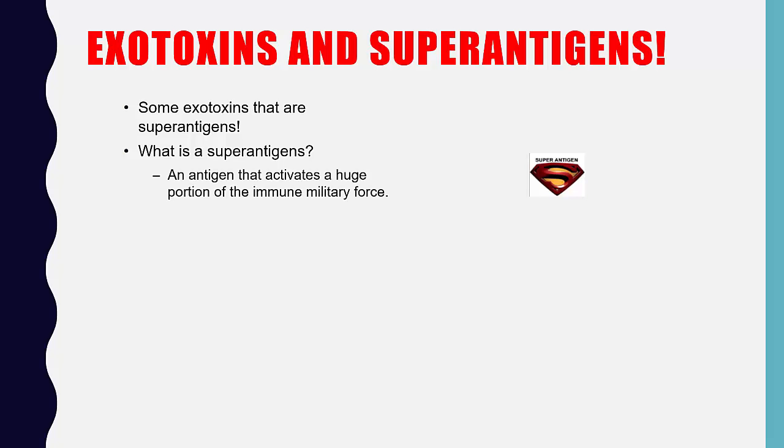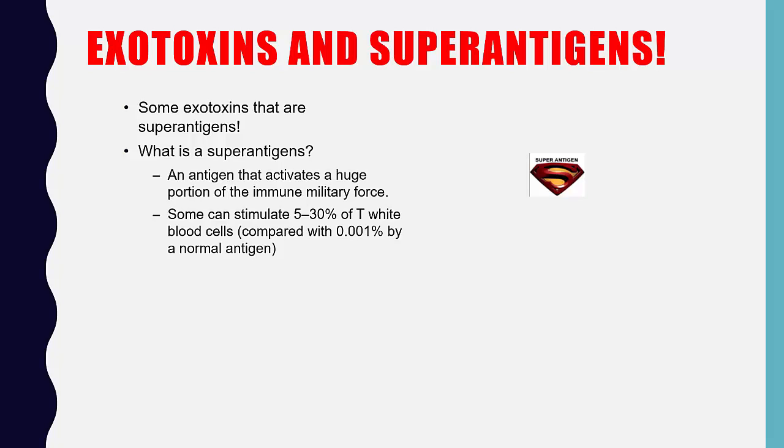So a super antigen is an antigen that activates a huge portion of the immune military force. It can stimulate anywhere from 5 to 30% of your soldiers, known as the T white blood cells, and these are the major soldiers in your immune response. Normally, an antigen only triggers about 0.001%. That's a normal antigen.